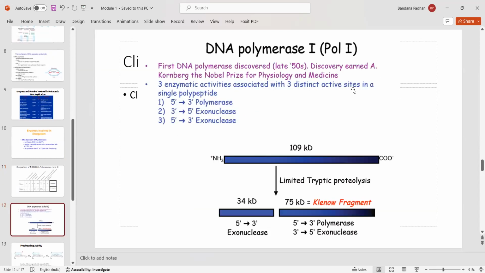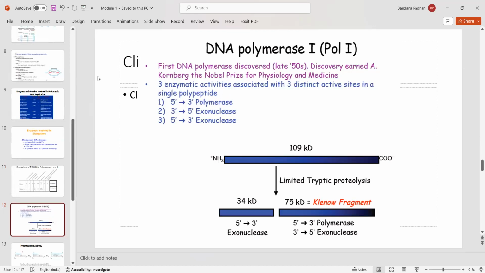DNA polymerase 1, or Pol 1, was discovered in the late 50s by Arthur Kornberg, who got the Nobel Prize for physiology and medicine.